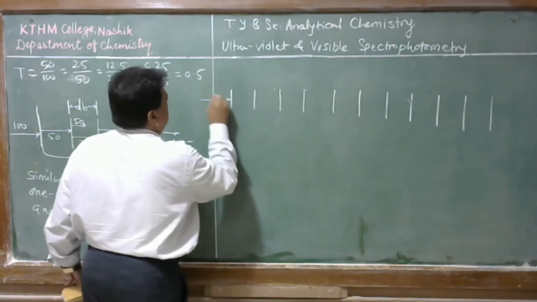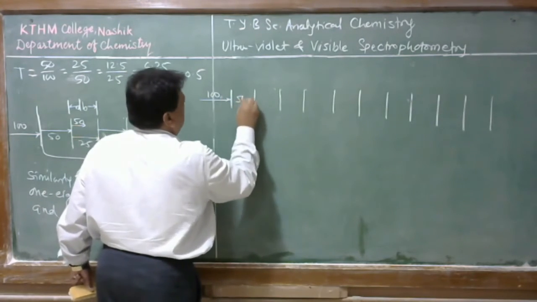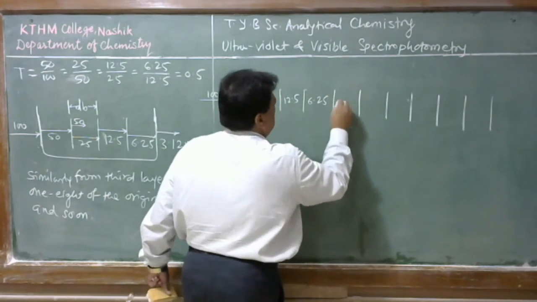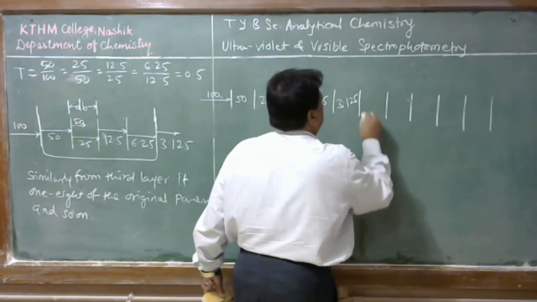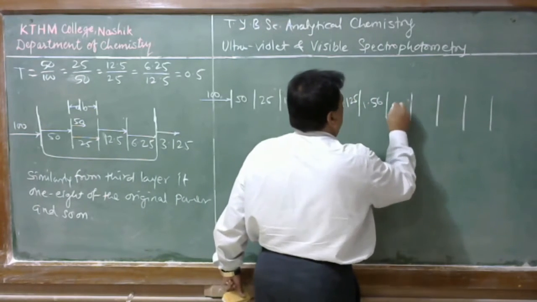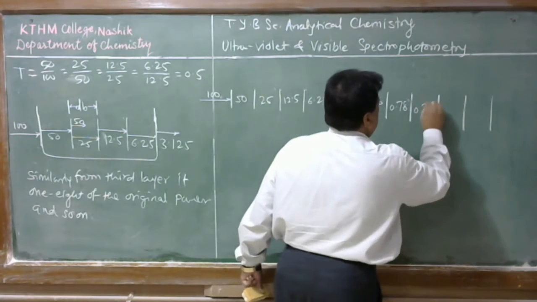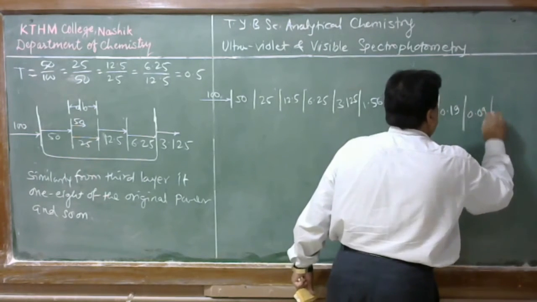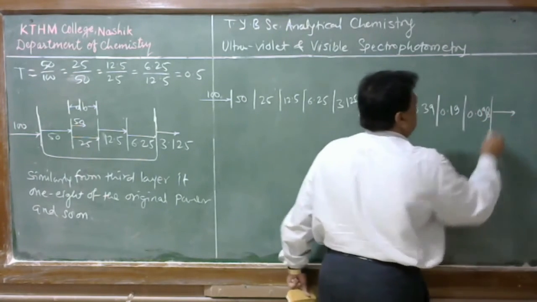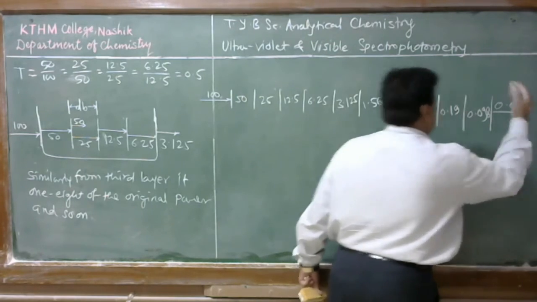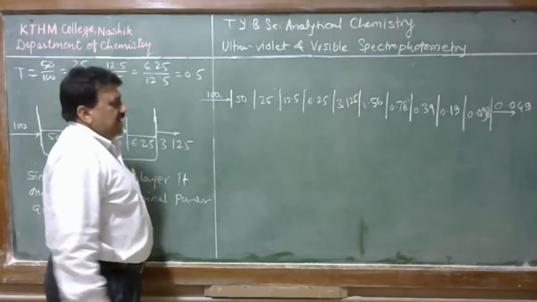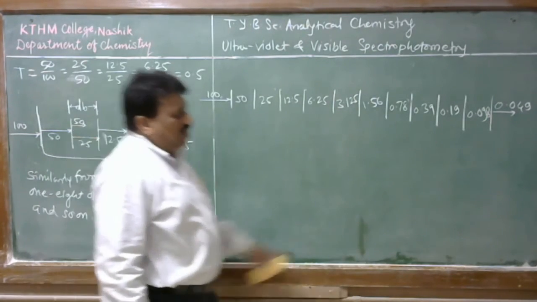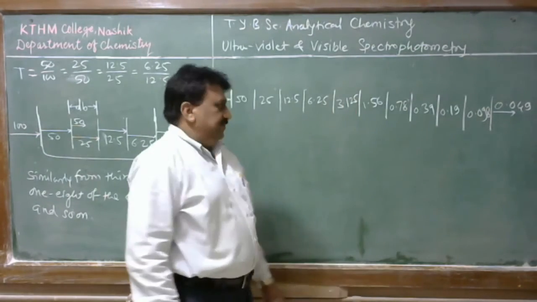Here this is a 100% incident radiant power, 50%, 25, 12.5, 6.25, 3.125, then 1.56, then 0.78, then 0.39, then 0.19, then 0.098, and here emerging is 0.49. Therefore, here as the number of layers increases, the radiant power emerging from the layer gets decreased.